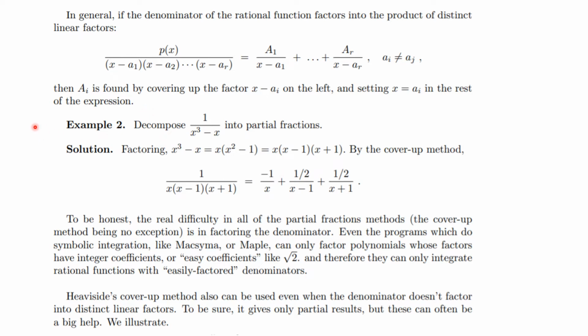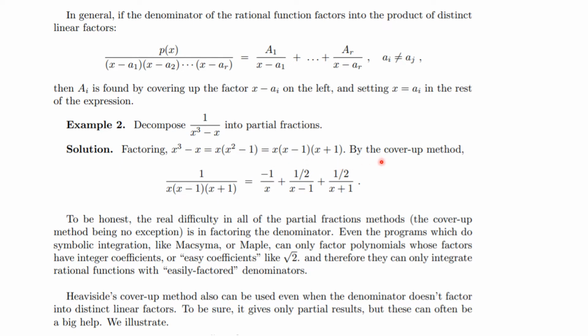Let's look at example 2 of this process. So here we're decomposing 1 over x cubed minus x into partial fractions. Now up here, the denominator is not factored into distinct linear factors, but here it is. So factoring x cubed minus x, you first factor out the x, and then you factor the difference of squares. So at the end, you're going to get a product of 3 linear factors: x, x minus 1, and x plus 1.